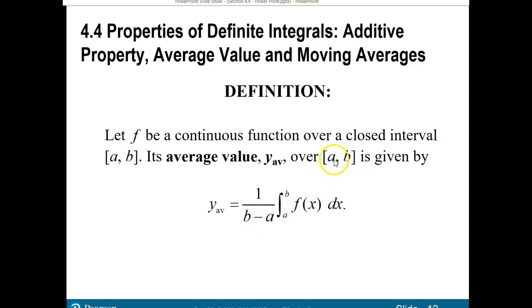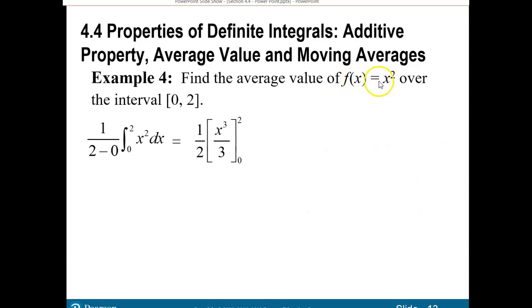So b minus a is the length of that space. So 1 over that length, in other words, taking the definite integral and dividing it by b minus a, basically, that's your average value. So 1 over b minus a times the definite integral from a to b of f of x dx.